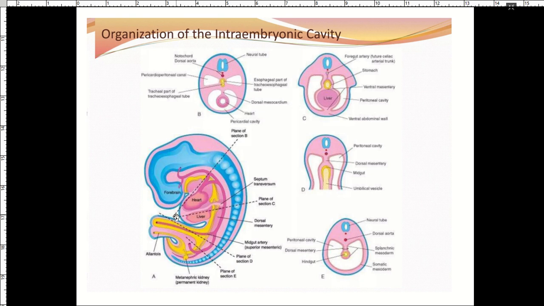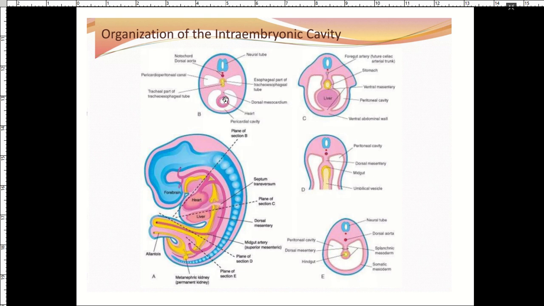And then in a section at C, you can now see that this is your peritoneal cavity, surrounding your abdominal viscera, your liver, your stomach, and so forth, right?